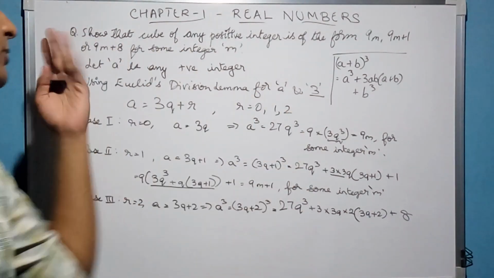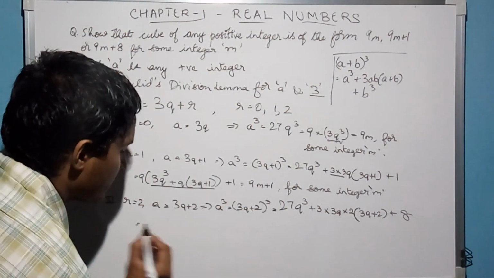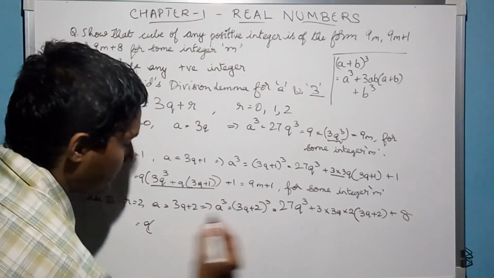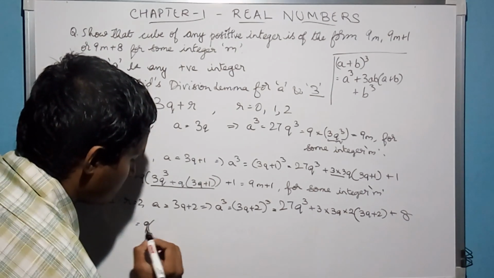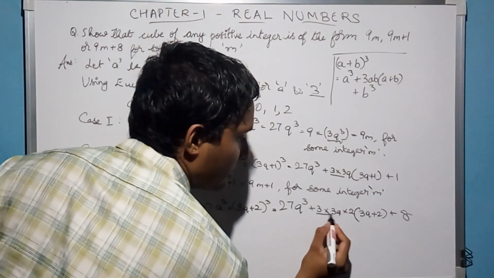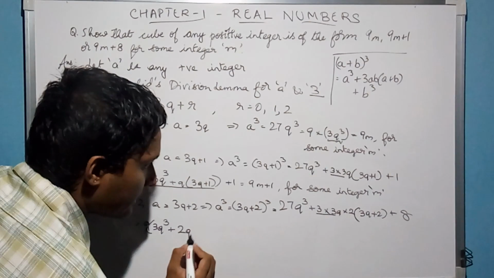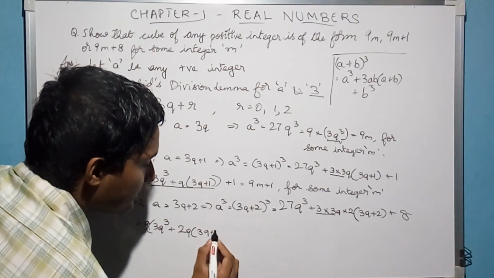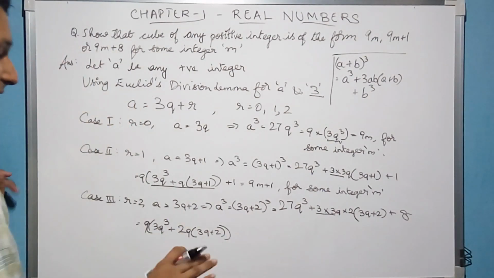And again now we are going to take 9 outside, so this becomes 9 into 3 cube plus, again 9 from here, 2 cube is outside and 3 cube plus 2 is inside. I'm not going to simplify this, let it be as it is.